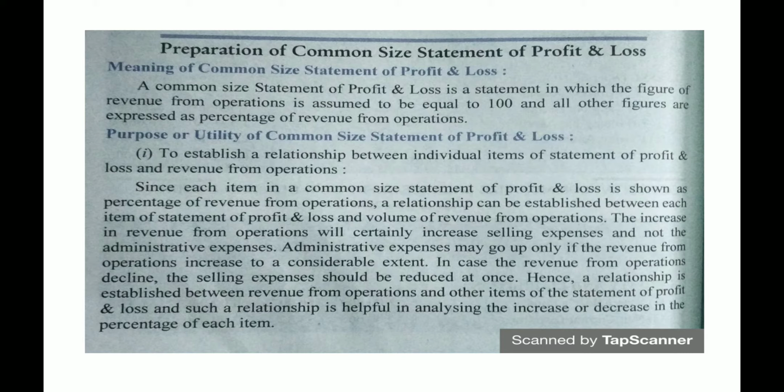A relationship can be established between each and every item of the profit and loss statement and the volume of revenue from operation. Every expense, selling expenses, administrative expenses, and their extent are compared with revenue from operations. So the relationship established between revenue from operation and other items helps us analyze the increase or decrease in the percentage of each item, right?